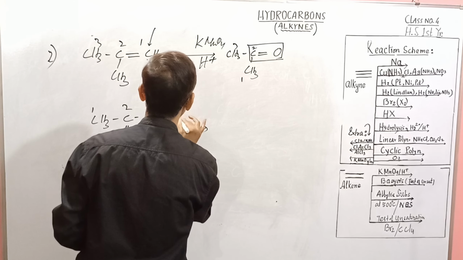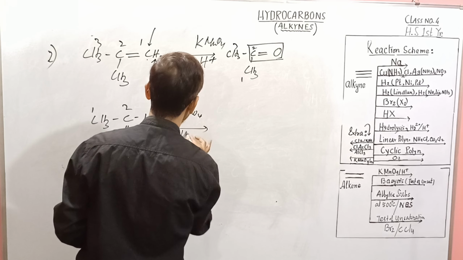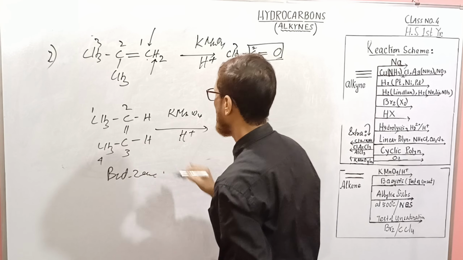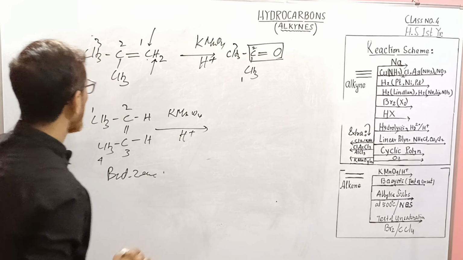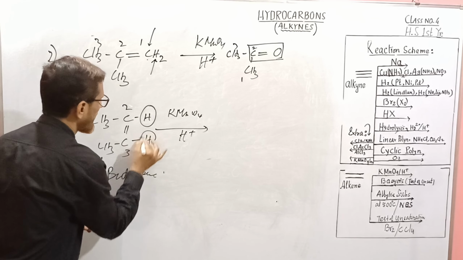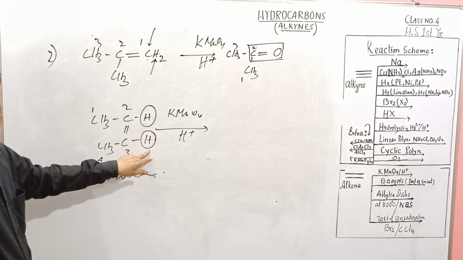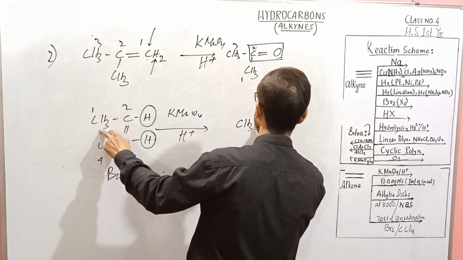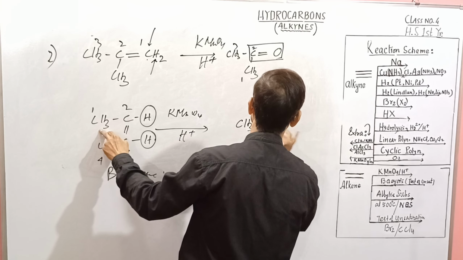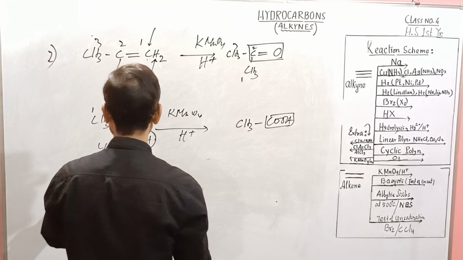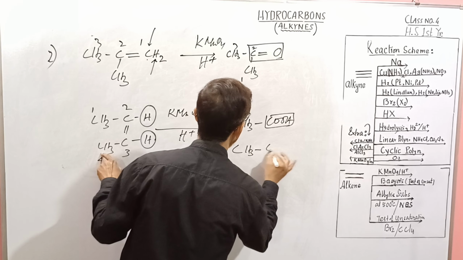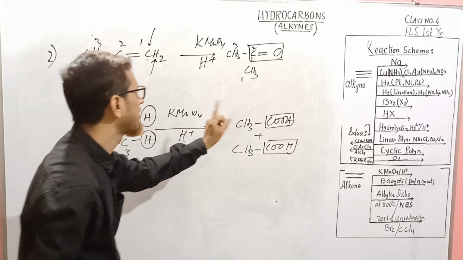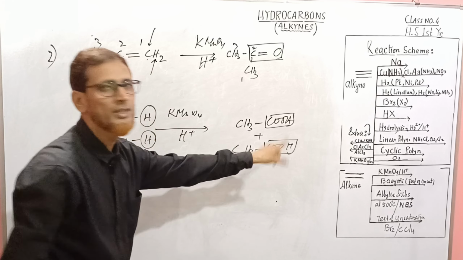If you are asked what happens with KMnO4, this is very important. I am coming to KMnO4 and Baeyer's reagent bit by bit. A bit earlier I told you, if the terminal carbon has only one hydrogen, it gives COOH. So here you get CH3COOH, and here you also get CH3COOH. Twice CH3COOH.